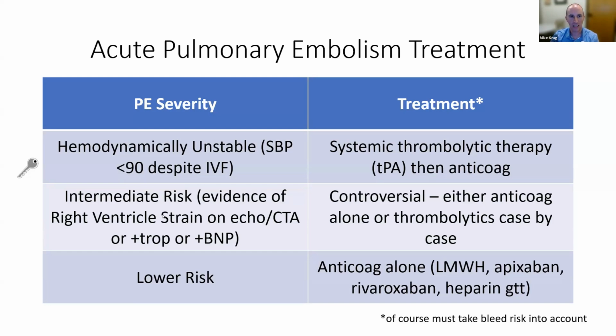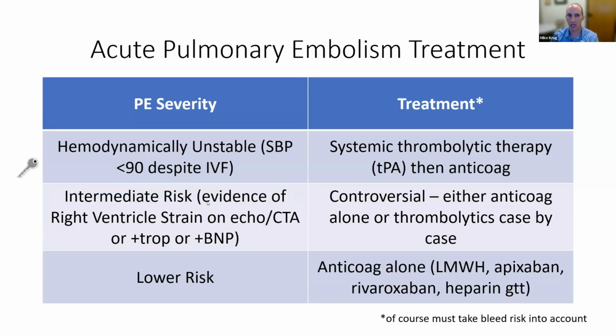So that's either right ventricular strain visualized on echocardiogram or on the CTA itself. They can calculate these ratios and tell you that, or a positive troponin or a BNP. So I'll take you back to the stem to convince you, but this patient had none of those. I'll answer your question in a moment. Thank you for that. This person had none of these issues.